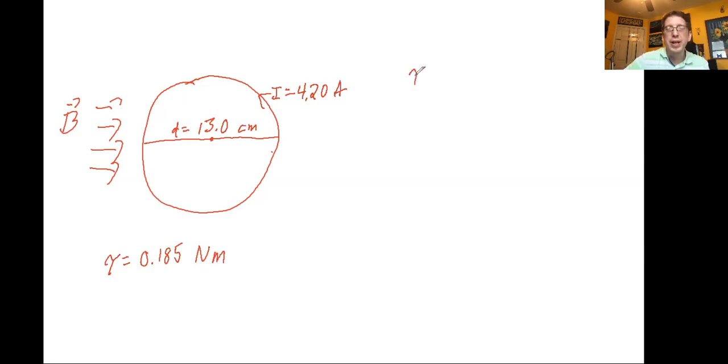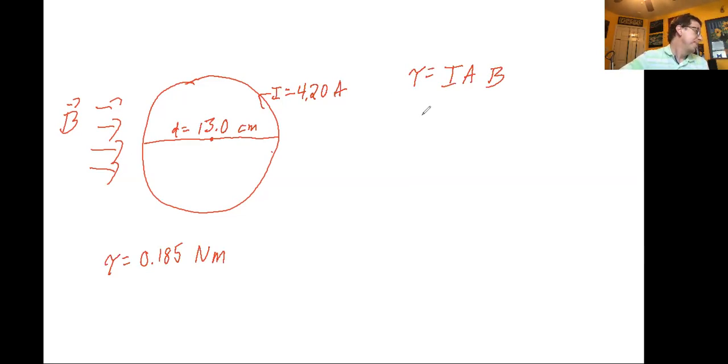So the torque is equal to I times A times B. And you don't need to worry about the sign of theta because the magnetic field is parallel to the plane of the loop, which means it's perpendicular to a line that's perpendicular to the plane of the loop. So theta is 90 degrees and the sine of theta is 1. And again, theta is defined that way so that you can use the cross product, take advantage of the cross product formalism.